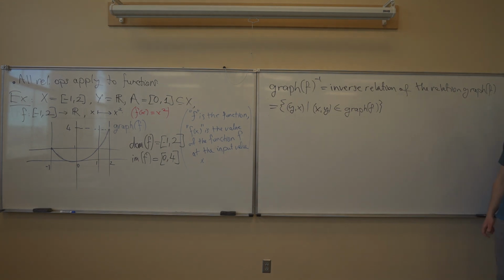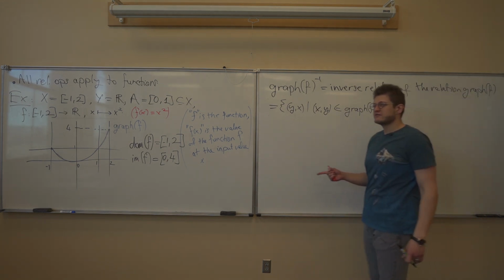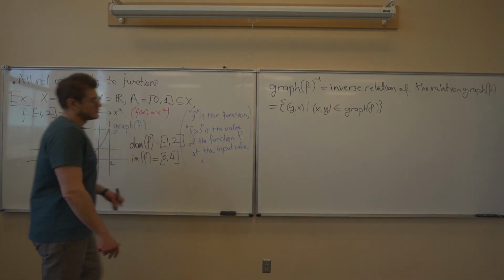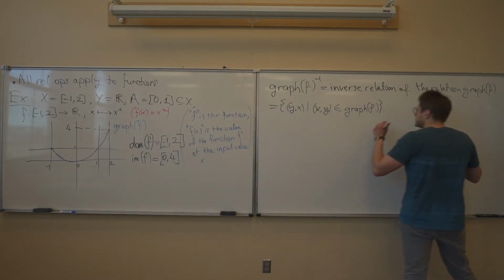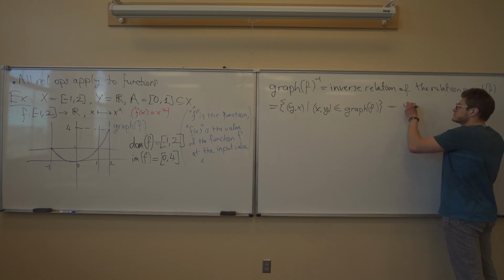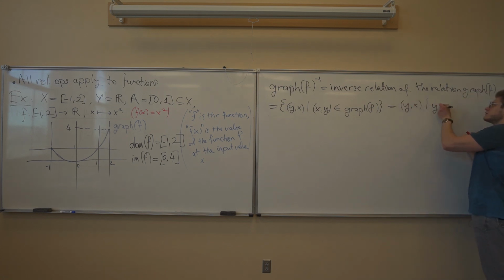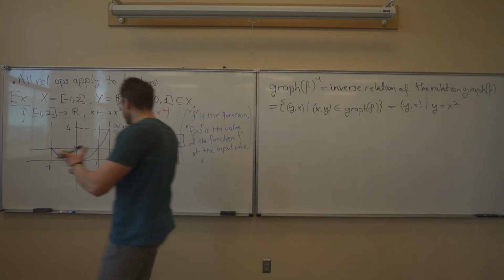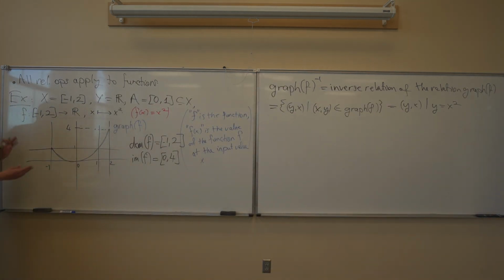Okay, now what does it mean for x comma y to be in the graph? Well, that just means that y equals x squared. So I can just write it like this. But of course, one should be specific about the input values as well, because the x values are restricted.